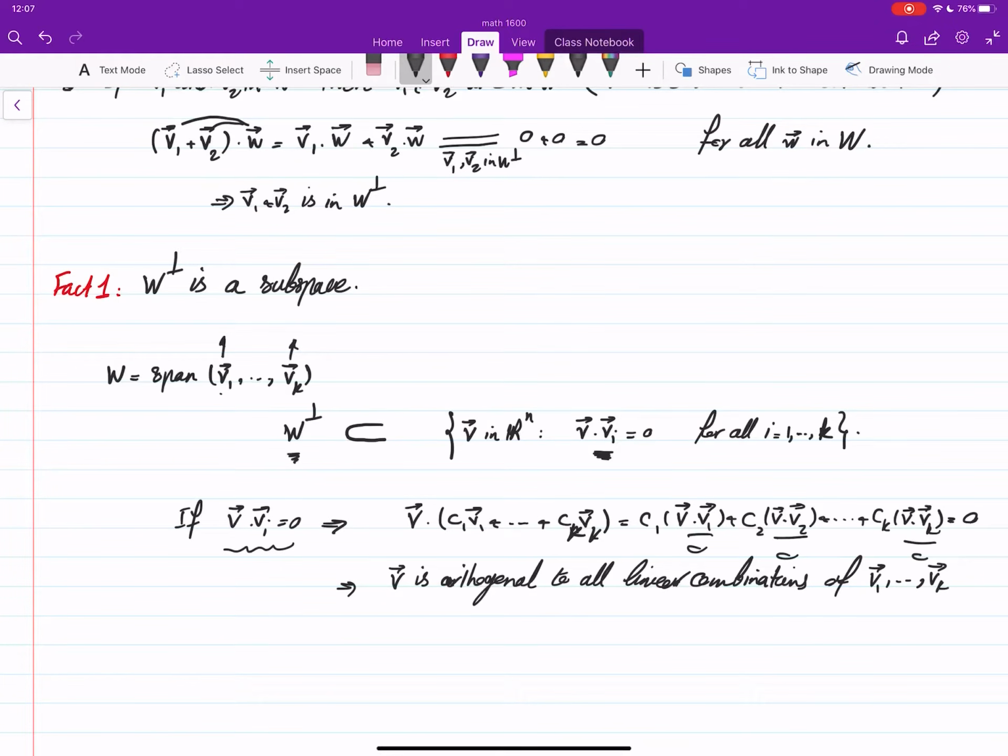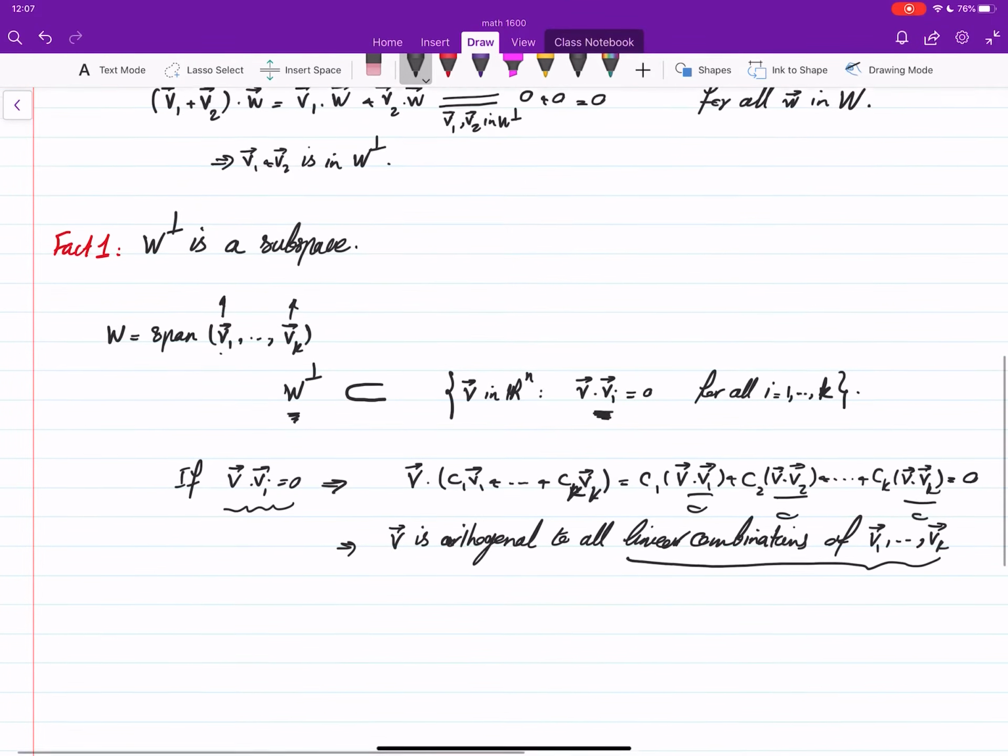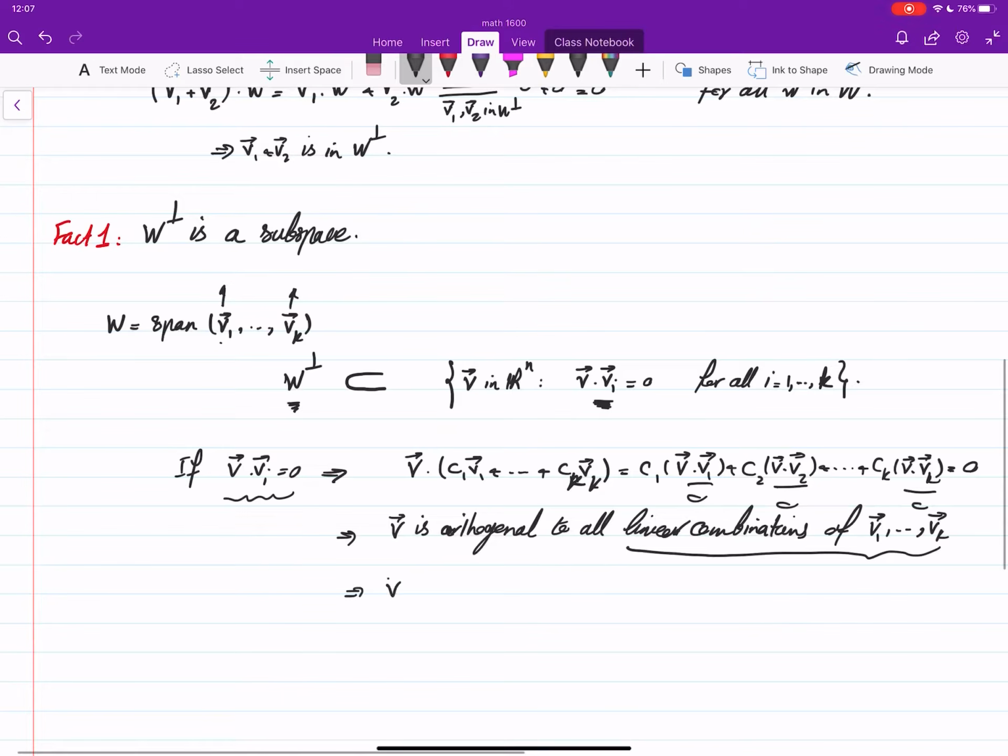Well, what does this mean? This means all the linear combinations of v1 to vk are exactly the whole span of v1 to vn, which is all vectors in W. And that means that v is indeed in W perp.